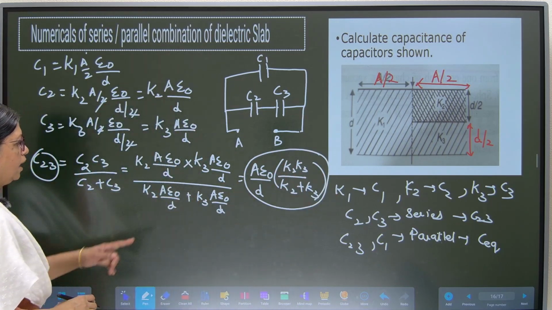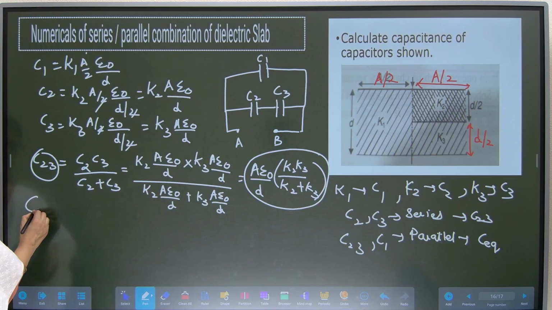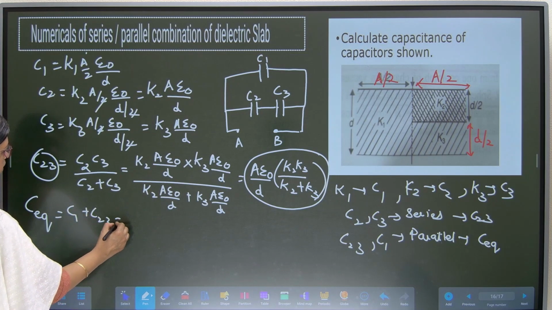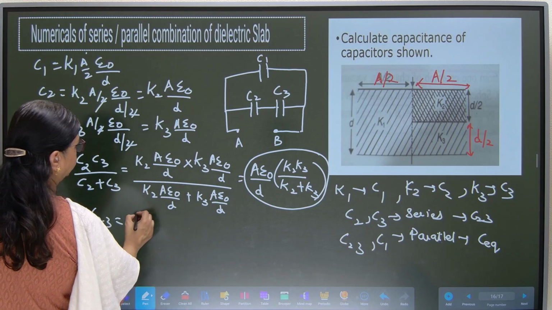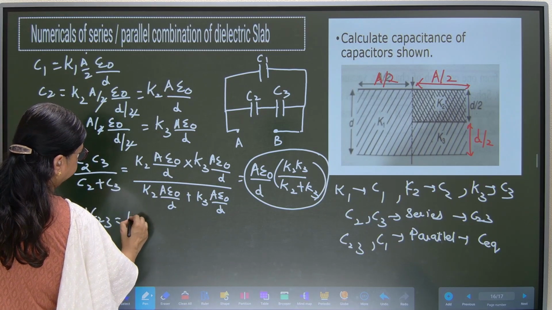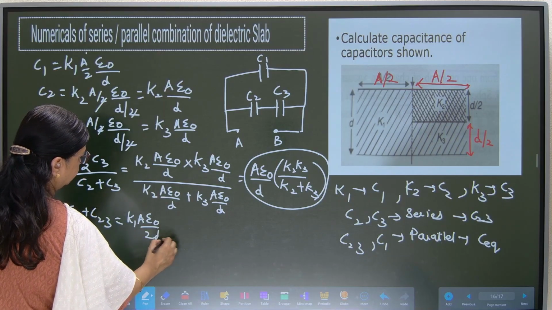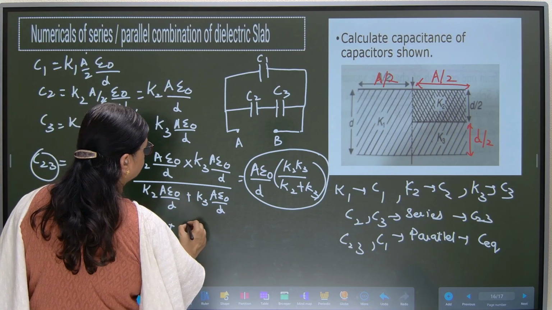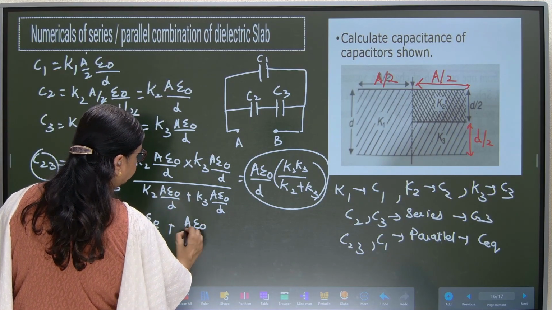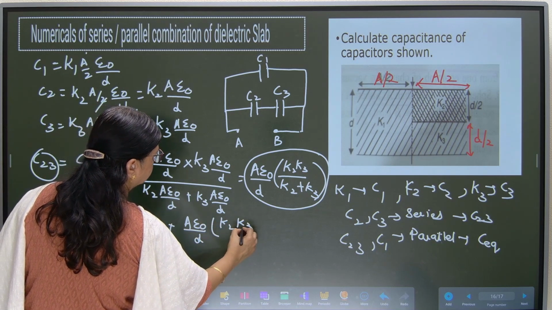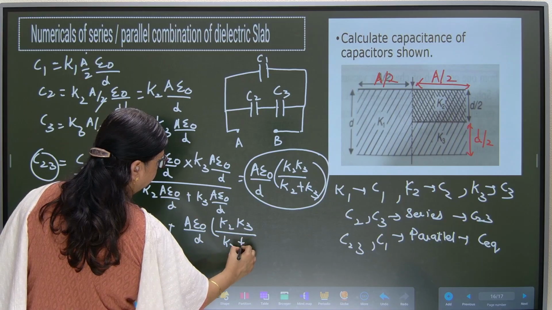Now for C equivalent, we have C1 plus C23. So let us write C1. What is C1? K1 A epsilon naught upon 2D plus C23, which is A epsilon naught upon D, K2 K3 upon K2 plus K3.